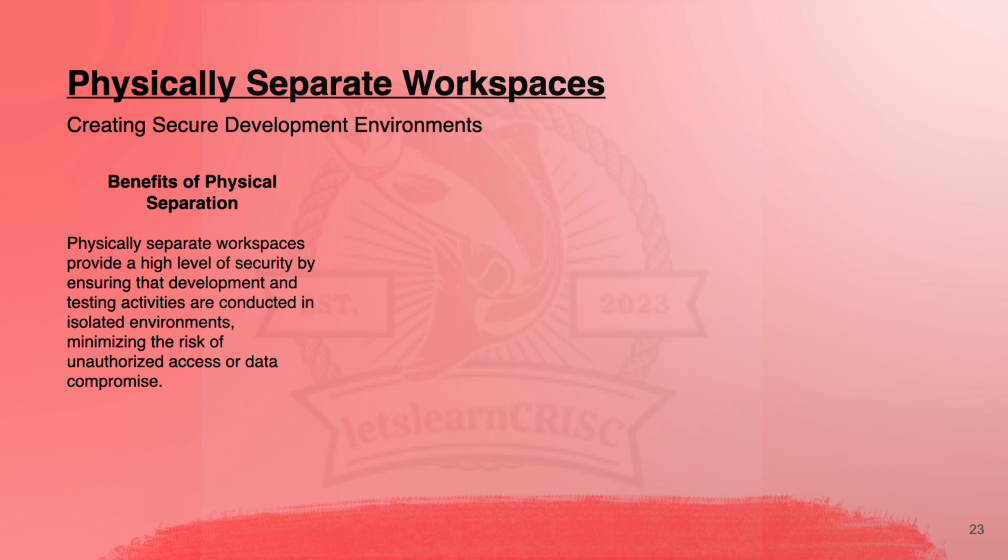So this ensures that activities are conducted in an isolated environment, minimizing the risk of unauthorized access or data compromise, right? Just take an example: imagine a bank with a separate room for customer service and financial transactions. So physical separation ensures that the sensitive financial activities occur in an isolated space, enhancing the security.